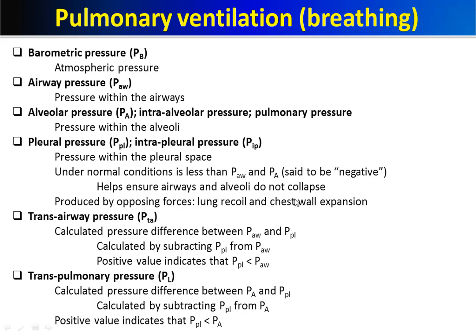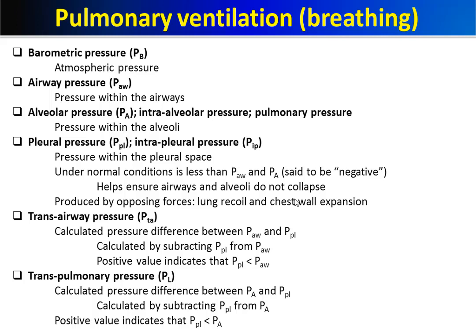Now, if we have a space with a negative pressure, this space tends to shrink its volume in order to elevate its pressure, based on Boyle's law. So the pleural sac which surrounds the lungs tends to shrink because of the negative pressure inside it.